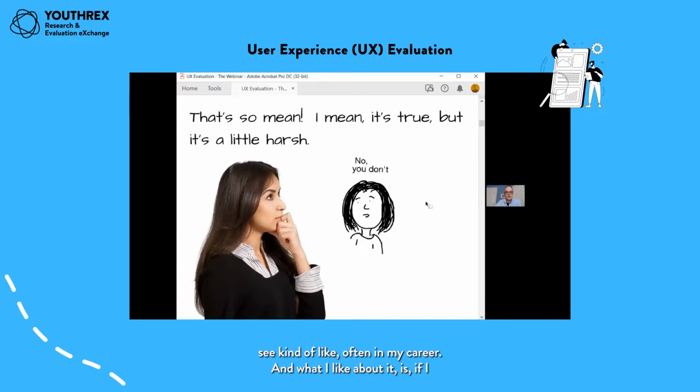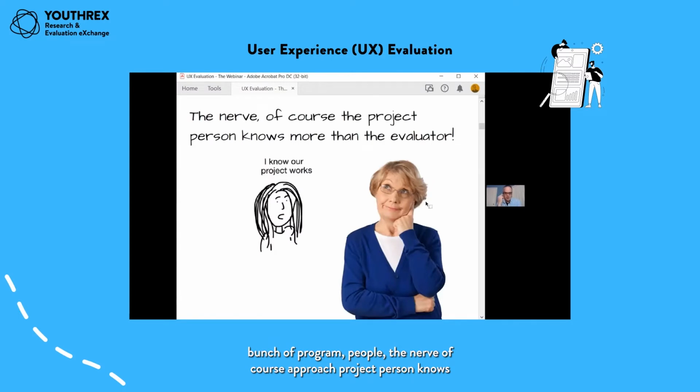What I like about it is if I show this to a group of evaluators, this is usually the response: oh, that's so mean. I mean, it's true, but it's a little harsh. They take the vantage point of the person on the right. Then if I show it to a bunch of program people, it's: the nerve, of course the project person knows more than the evaluator.